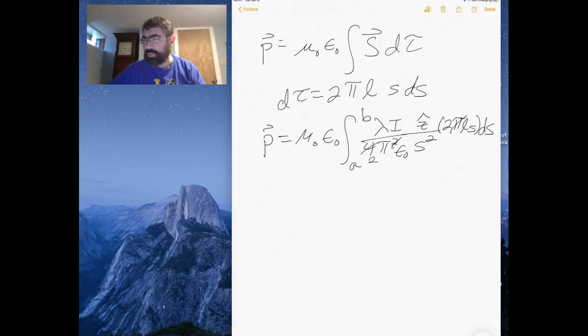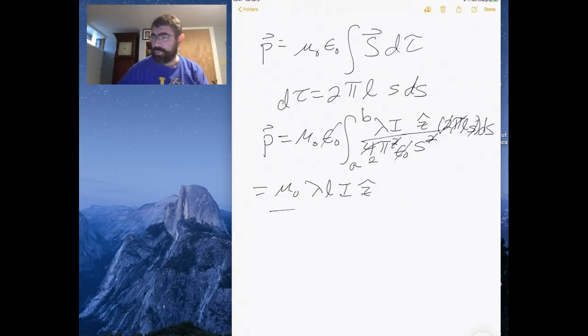Okay, so now we can start canceling stuff and get rid of one of the pi's. That becomes a 2, and get rid of one of the s's. So in the end, what I get is, epsilon naught cancels, so I get mu 0 lambda L I in the z direction over 2 pi, and now integrate from a to b of 1 over s ds.